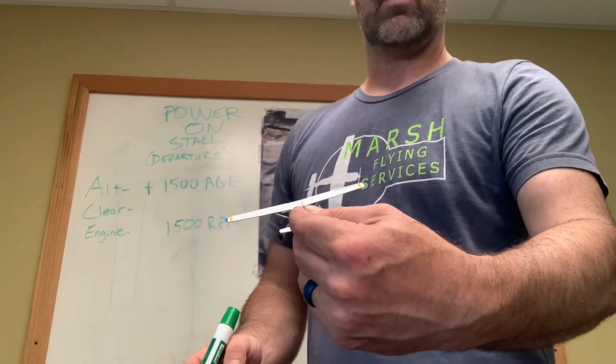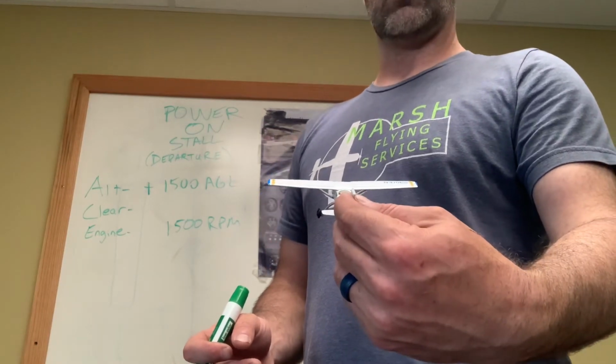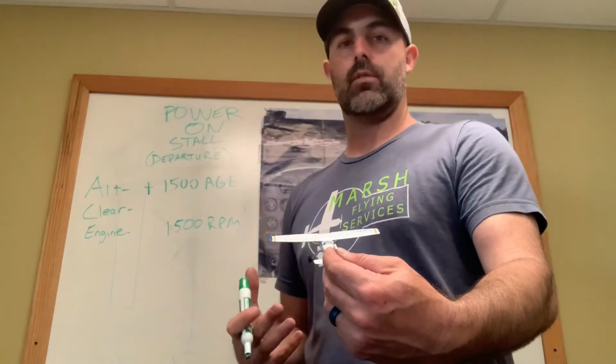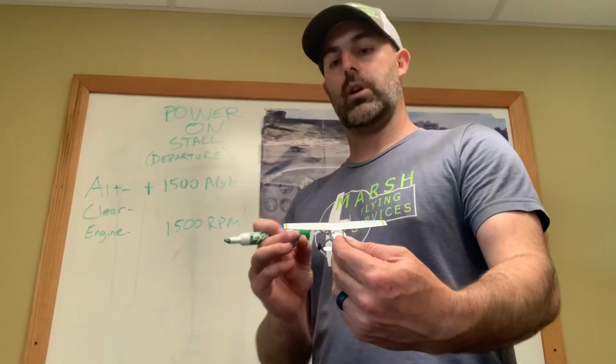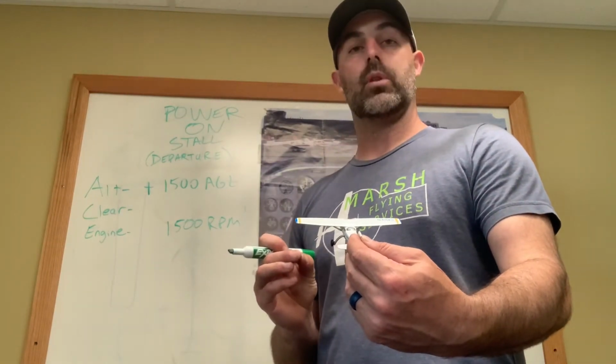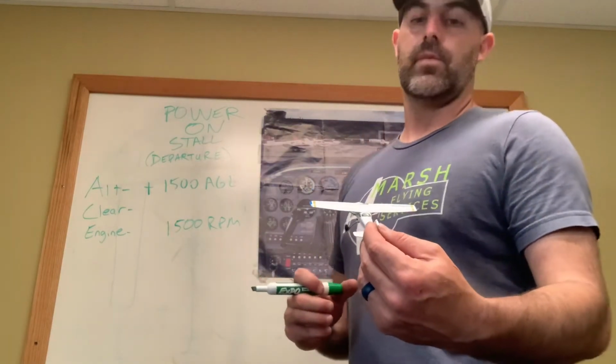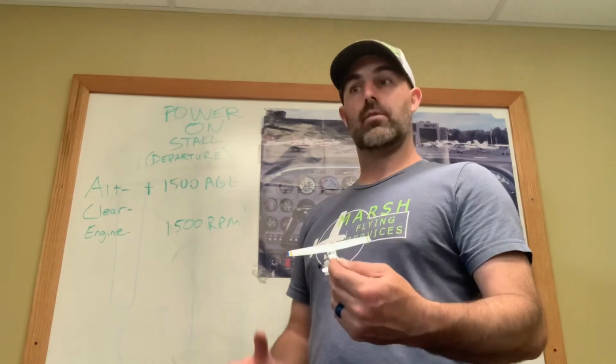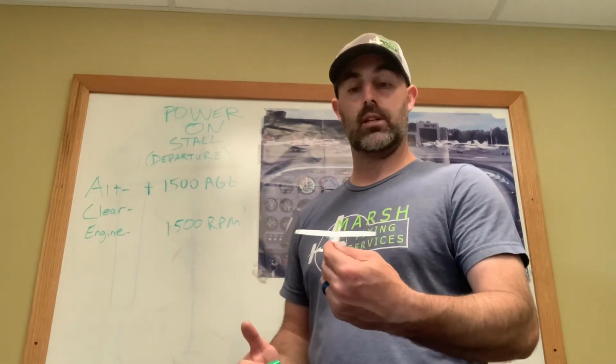So whenever you're feeling that, if you're just holding heading with aileron, you could be uncoordinated. You're going to have to use some right rudder to bring the ball back in place so that it will be coordinated. As you're climbing out, be aware of that. You might have to use some other control combinations so that you maintain that heading.